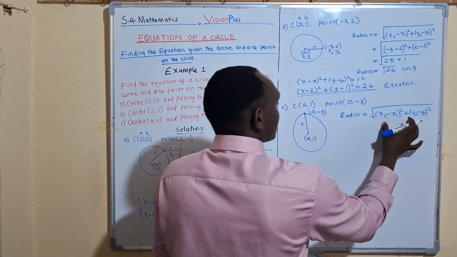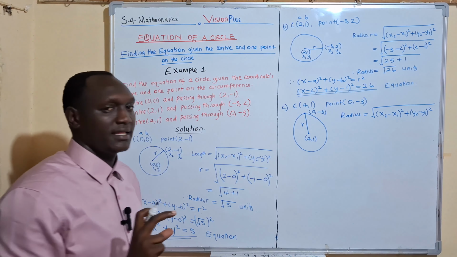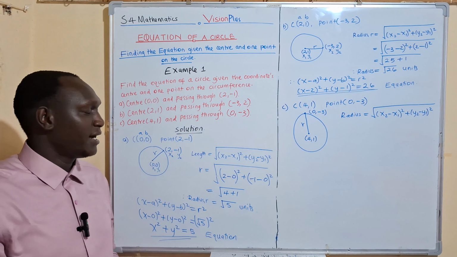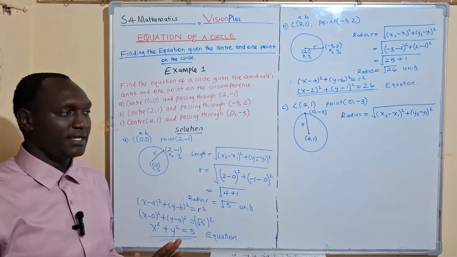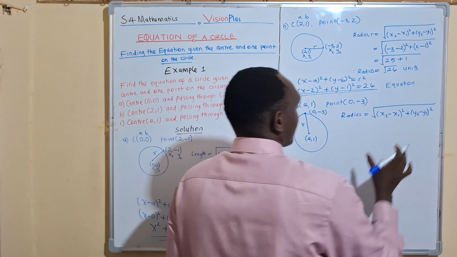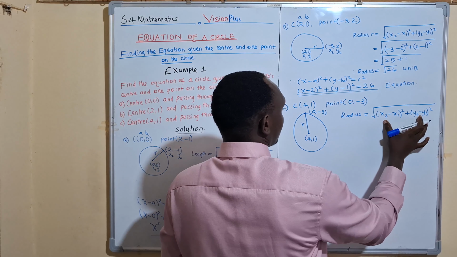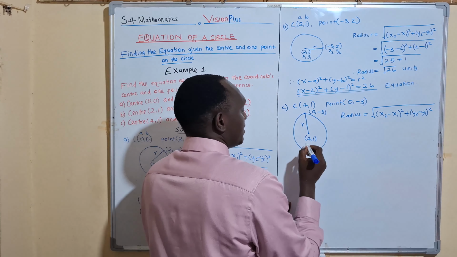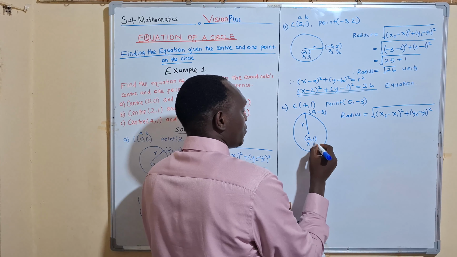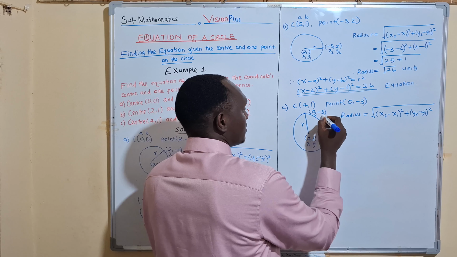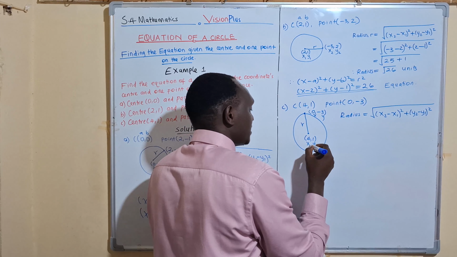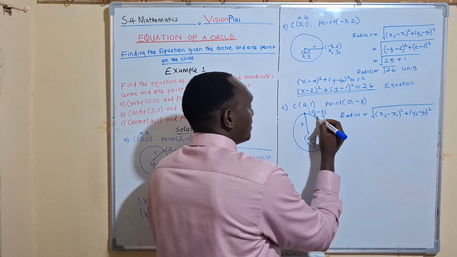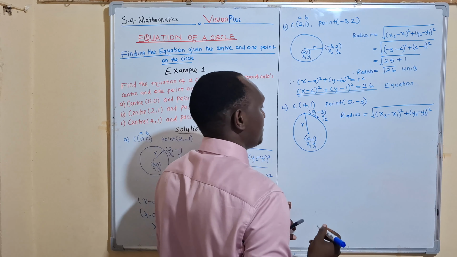This is the formula for the length between any 2 points, and in this case our length is r. After writing the formula, you name the points: the ones at the center are x1, y1, and the ones on the circumference are x2, y2.